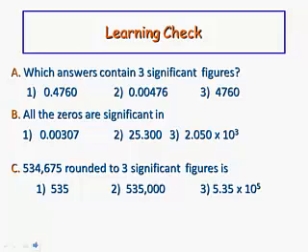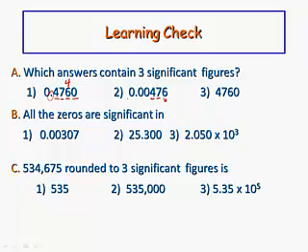Okay, so let's double check what we've learned here. All right, in this one, which answers contain 3 significant figures? Okay, looking at this one, we have non-zero digits. Those are all significant. And this is a trailing 0 in a value that has a decimal point. So this one would have 4 significant digits. Here we are accenting the decimal point with the first 0. The next 2 are there as placeholders.